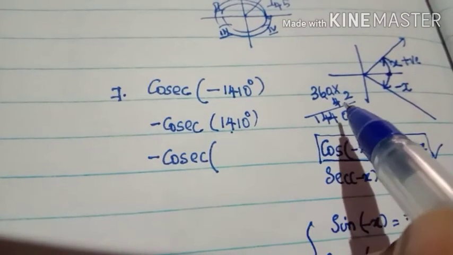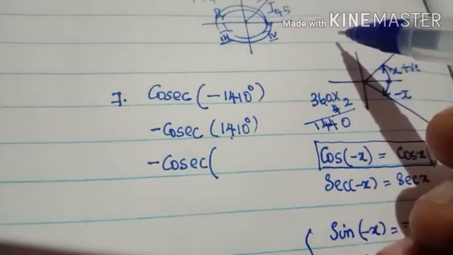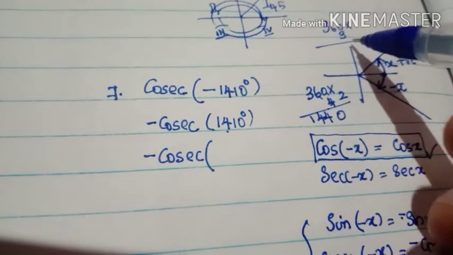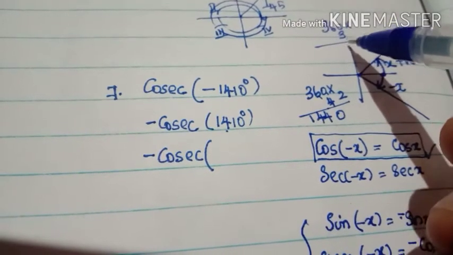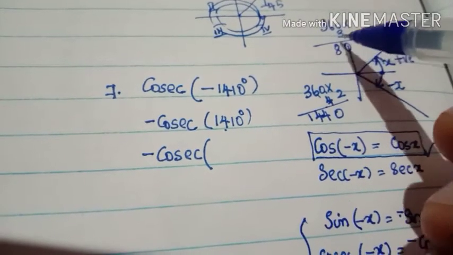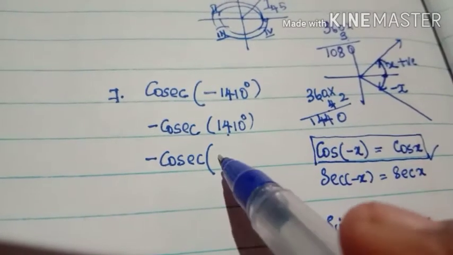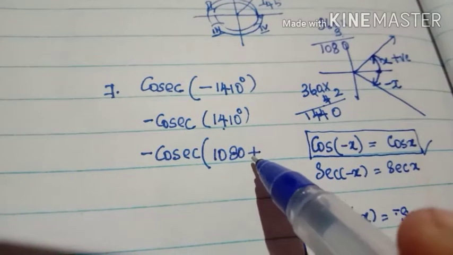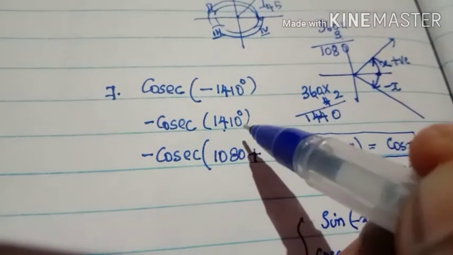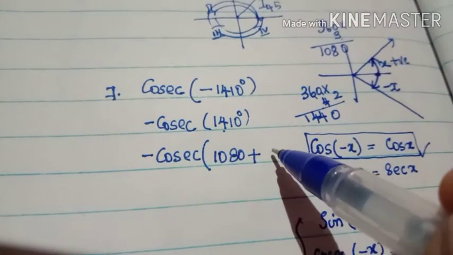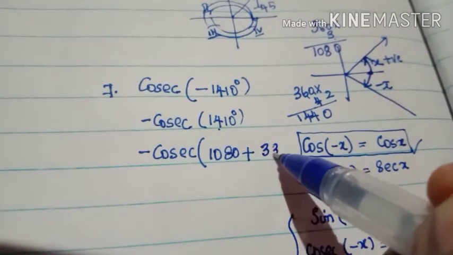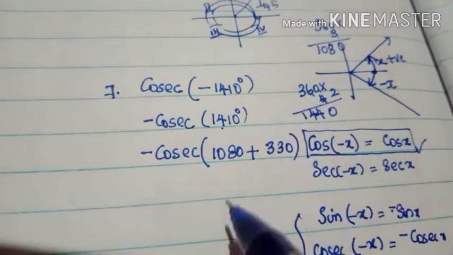So either you can consider 4, or 360 into 3. Now listen what will happen. If we take 3, it becomes 1080, plus the remaining to obtain 1410. It will be nearly 330, isn't it? Yes, 330.